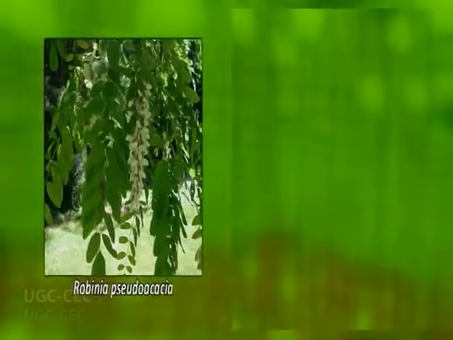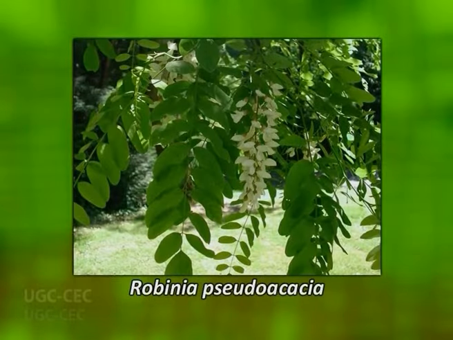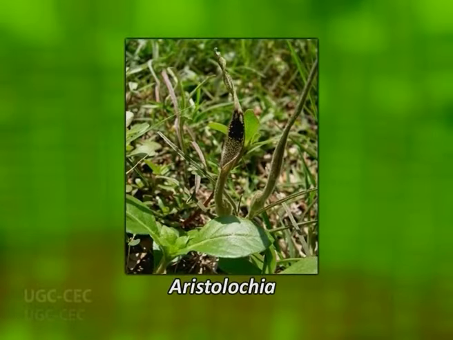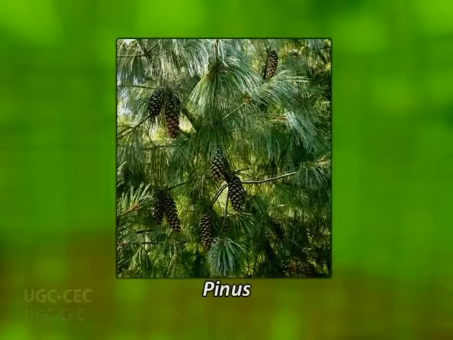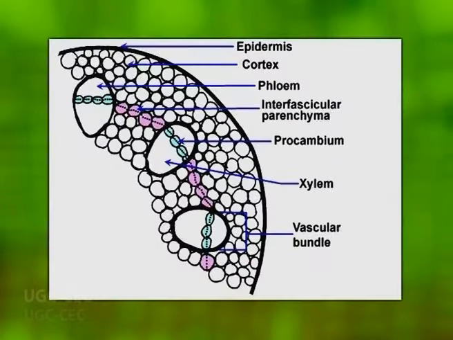In the stems of certain plants, for example Robinia, species of Aristolochia and Pinus, the first phellogen forms in the second or third cortical layer.